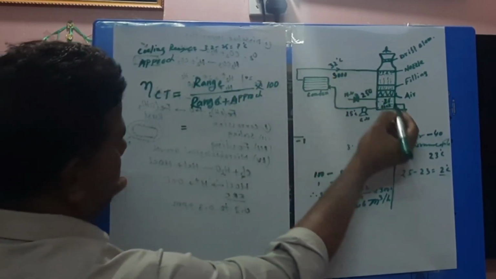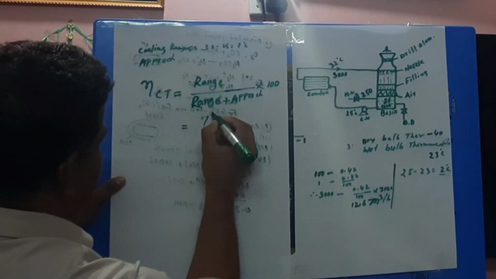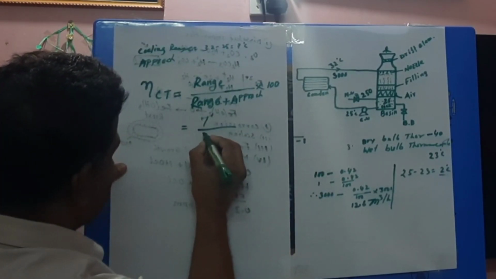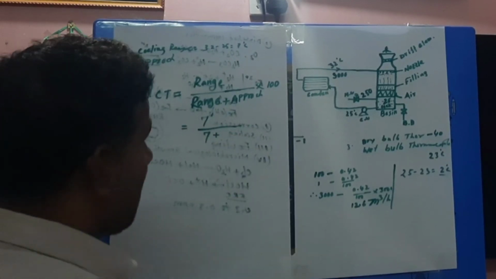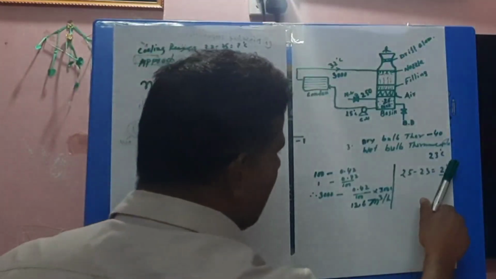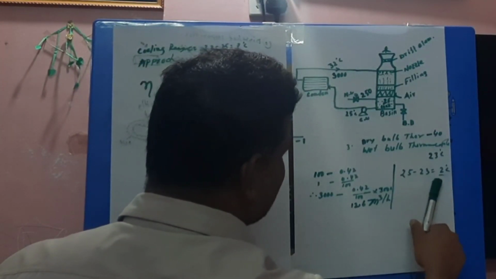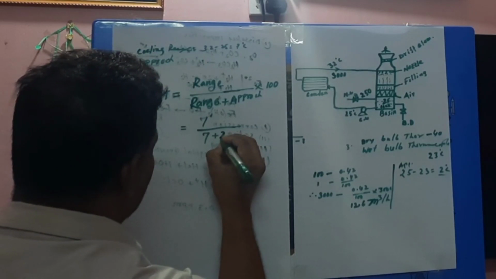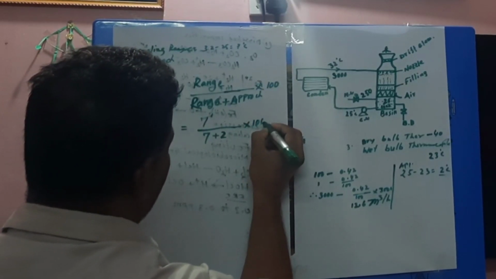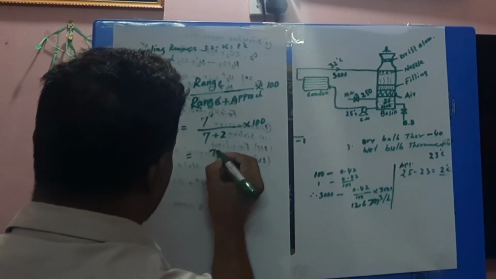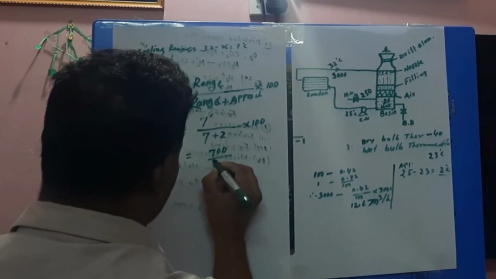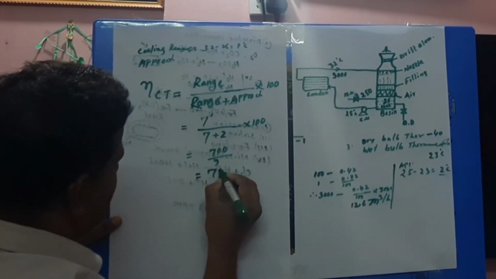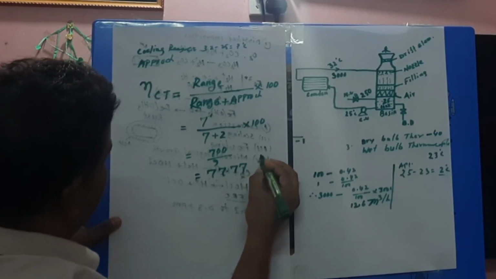Temperature decreases from 32 to 25 degrees centigrade, that means 7 degrees temperature decrease, divided by 7 degrees decrease plus approach. Approach is the maximum possible decrease if the cooling tower had 100% efficiency, another 2 degrees. So 7 divided by 9, multiplied by 100. How much is coming? 700 divided by 9, that means 77.77%.